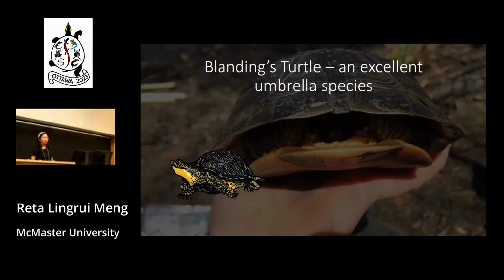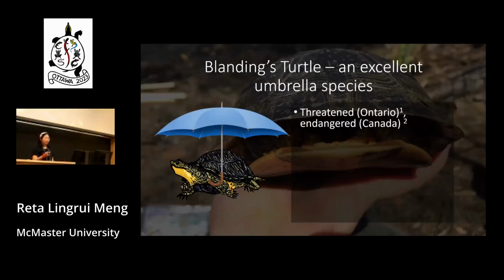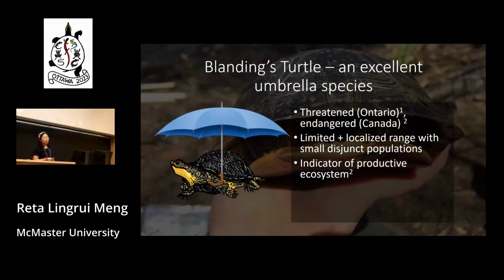Other than the fact that they're charismatic, they're also considered an excellent umbrella species. They are considered to be threatened in Ontario and endangered in Canada. They have a rather limited and localized range, especially in Canada, and we have a small distinct population as well. They are often considered an indicator of a productive ecosystem where a Blandingii turtle can be found.